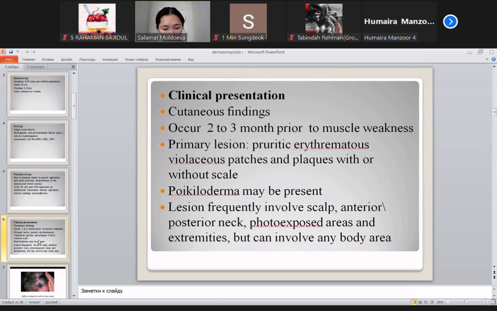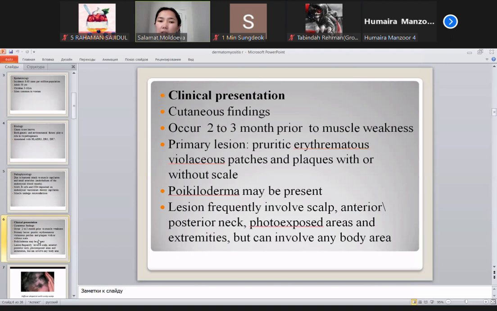What do the skin changes include? There will be erythematous patches and plaques with or without scale. It's the primary lesion. There might be poikiloderma.